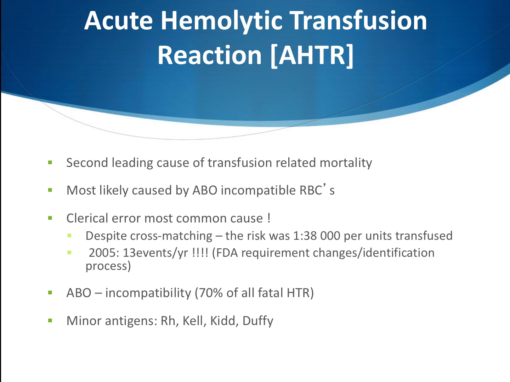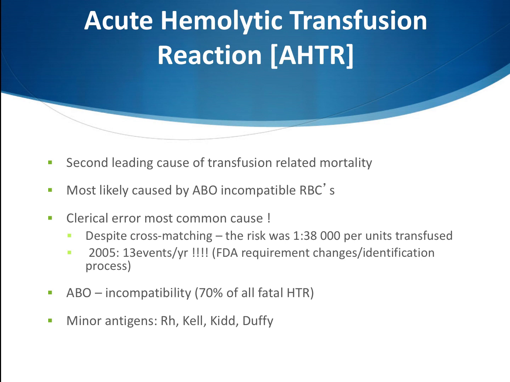Clinical error is the most common cause. So that's the reason why two people need to look at those units before you hang them. Despite cross-matching, the risk has not been eliminated, but you think about only 13 events a year in 2005, that actually is quite an accomplishment, how we have minimized those occurrences.